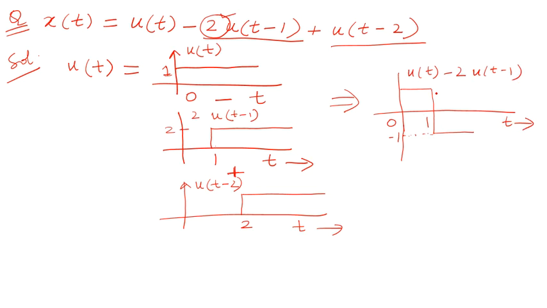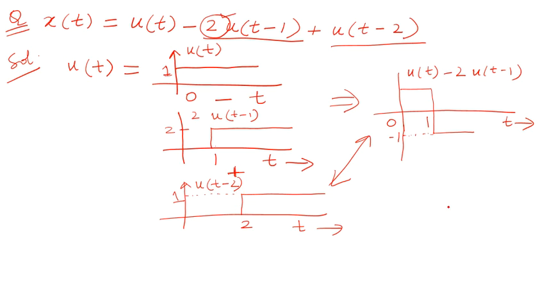Okay, and now this obtained signal has to be added with the signal below. You can see that this signal is extending in the positive direction, and at t equals 2 this signal starts, and it has amplitude of 1. The other has amplitude of minus 1. So after t equals 2, this minus 1 will be added to plus 1, which will make it 0.